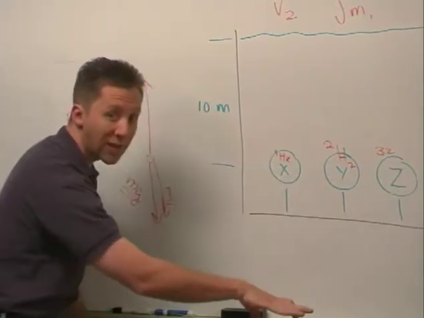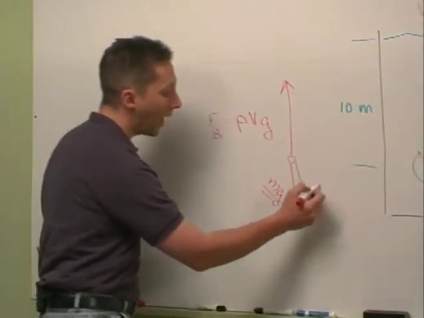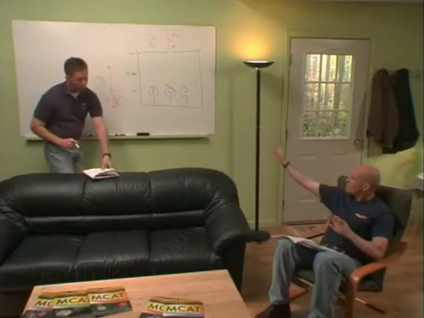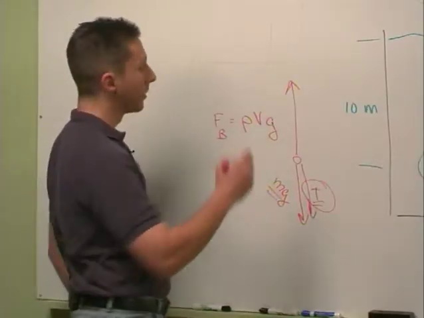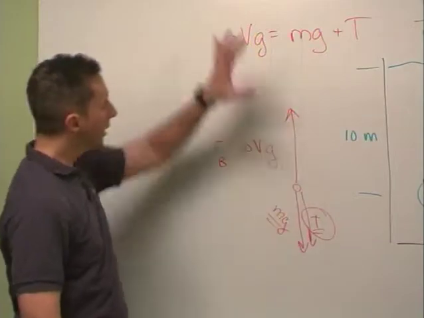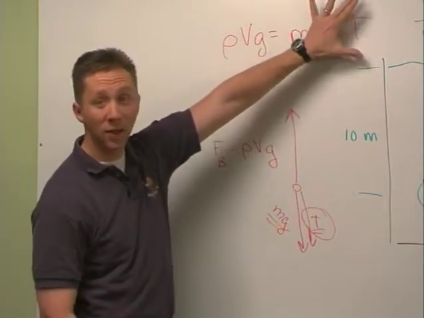It's got the smallest downward weight, so it must have the highest tension. Okay, so for each balloon, we could have the equation rho Vg equals mg plus T. And so as mg gets smaller, T must get larger. Exactly. This is a constant. As this gets smaller, this must get larger.